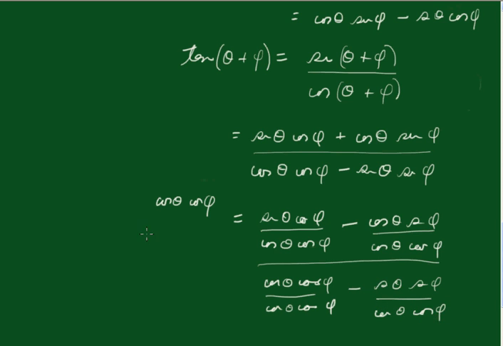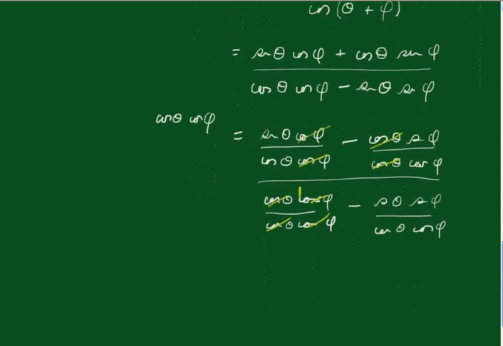Now we'll have a bit of fun doing a bit of cancelling here. Okay, now you notice these guys go out. And over here these guys go out. And down here this all goes out, and you just get 1. And here nothing goes out.